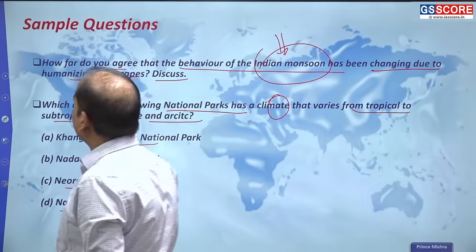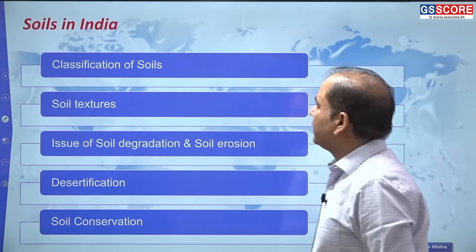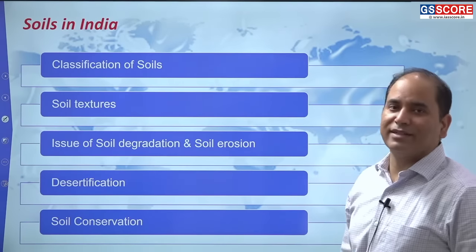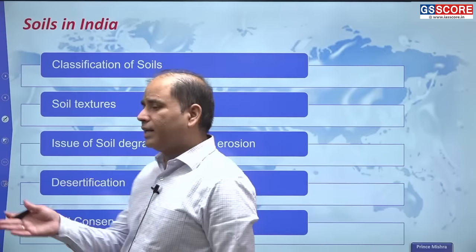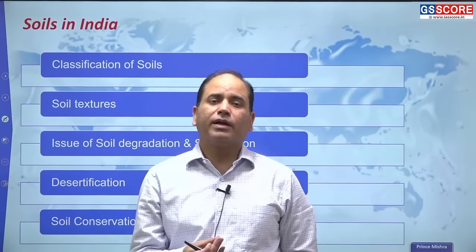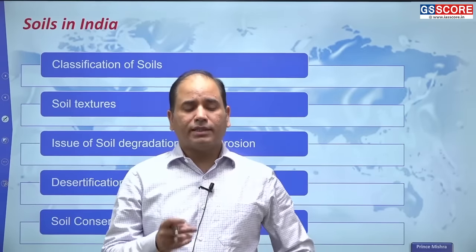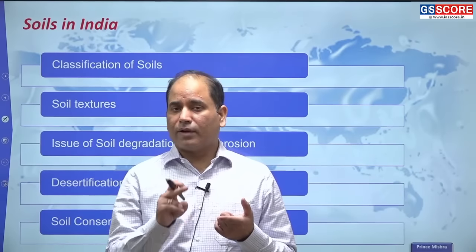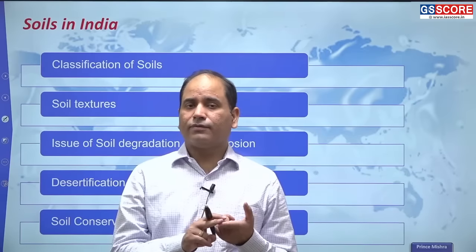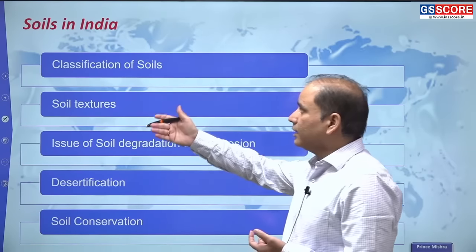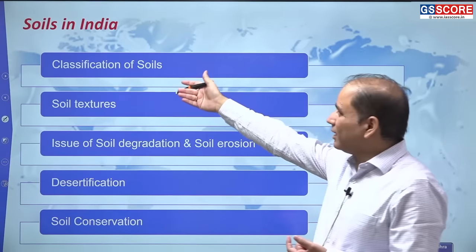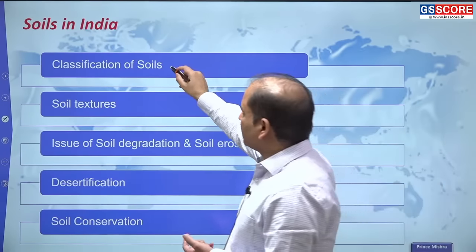Now, moving to the next component of our India physical, that is soils in India. It's very important. Soils in India, because you have already studied the basics of the soil, the factors of formation of the soil, the processes of formation of the soil. So here you are not supposed to study that. Here directly you can start with the classification of soil. So what are the different types of soil we have in India?